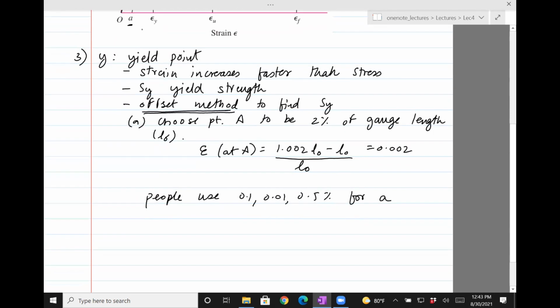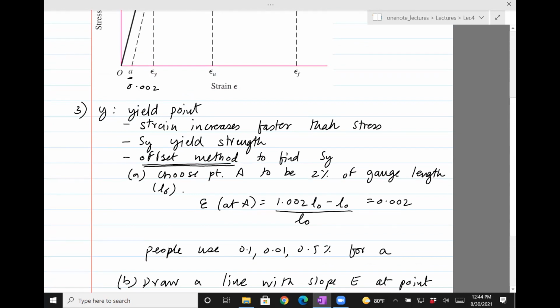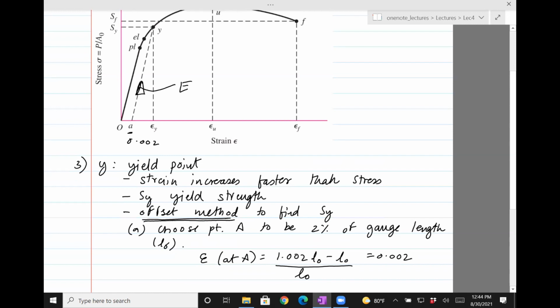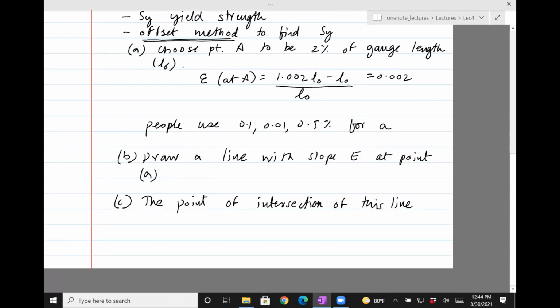So once you found the strain, now draw a line with slope E at point A. Okay, so once you found this point, which is at 0.002, this line has a slope of E. Draw a straight line passing through A, and that line, when it intersects the curve, is your point Y. Okay, so the point of intersection of this line to the curve gives Y, and you're done.